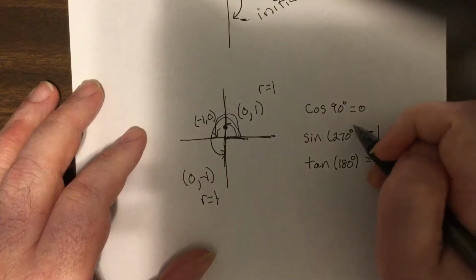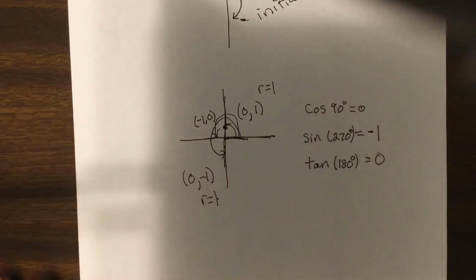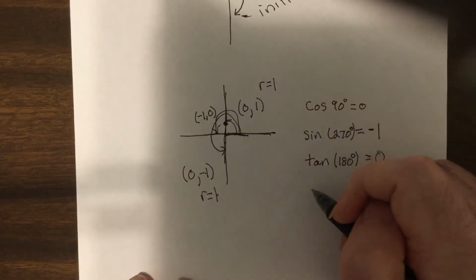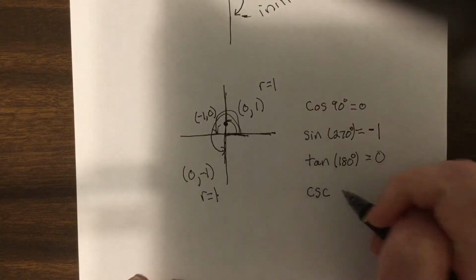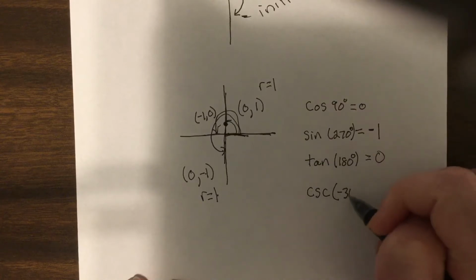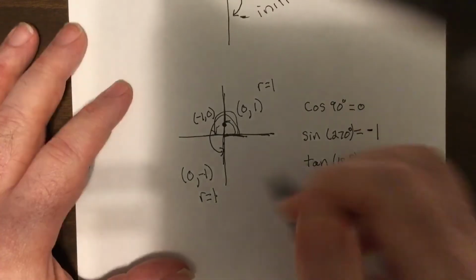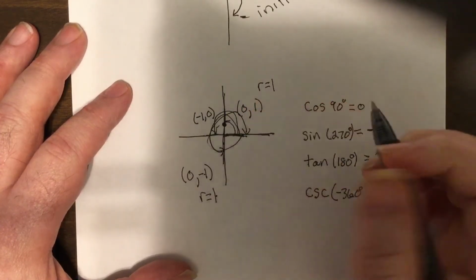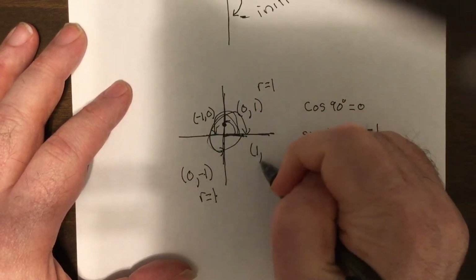Now, you don't need to put parentheses around the angle. I don't know why I am right now. Just trying to be fancy, I guess. So if I said, okay, what is the cosecant of -360? So you start this way. I pick the point (1, 0).